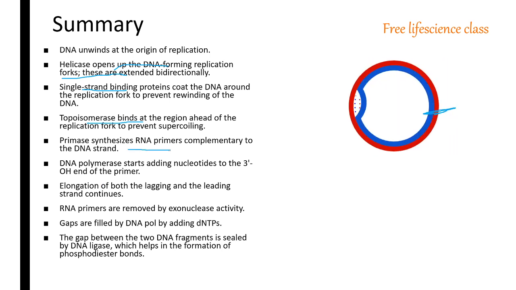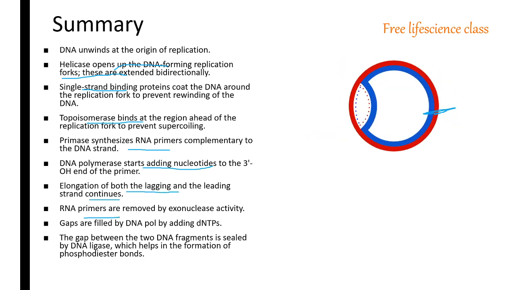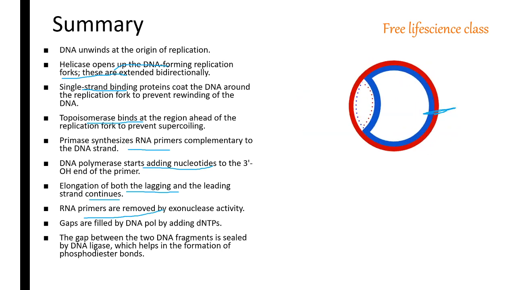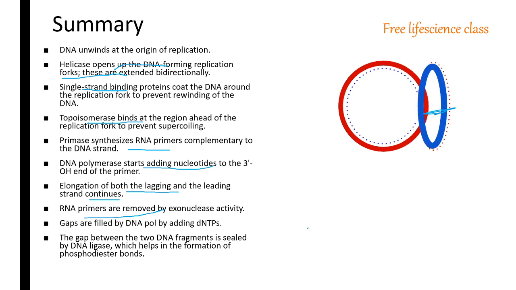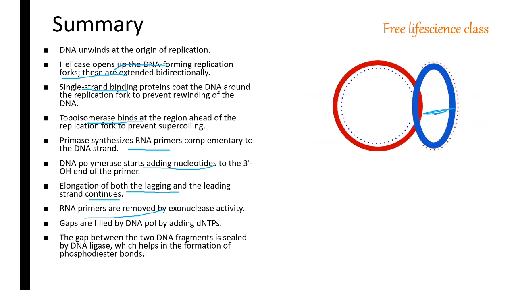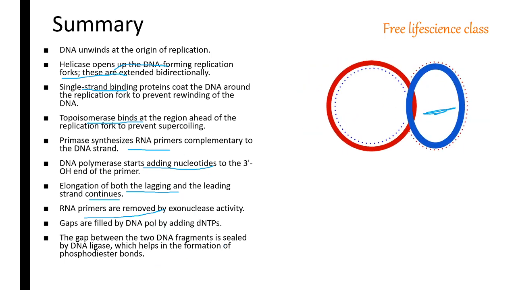After the adding of RNA primers, our DNA polymerase starts to add nucleotides in the 5' to 3' direction. Then elongation of both lagging and leading strands continues. Then RNA primers are removed by the exonuclease activity of RNase H, and the nucleotides are added by the proofreading activity of DNA polymerase 1. Then gaps are filled by the DNA polymerase.